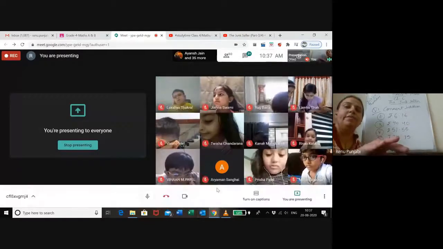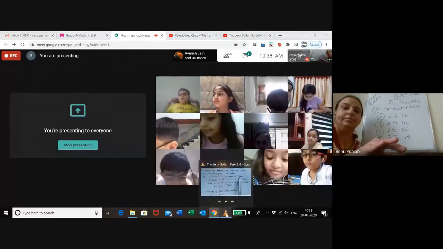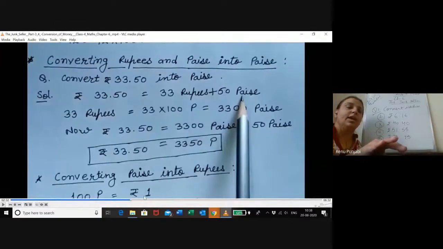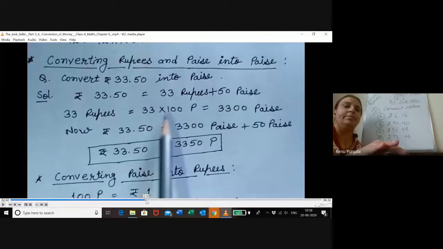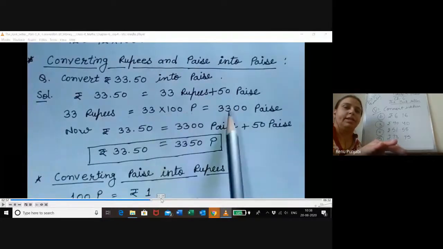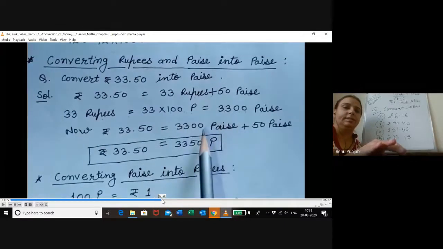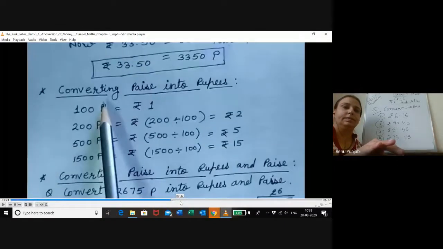So now I will go to the next topic: converting paisa into rupees. When we convert paisa into rupees, we divide. If I have 100 paisa, 100 paisa equals 1 rupee, as you all know.